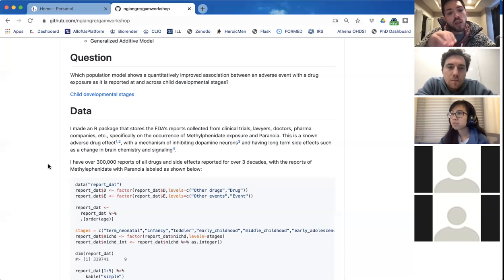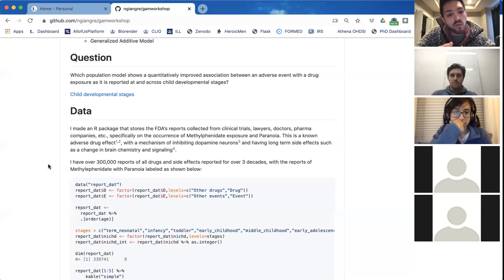For this, I'm looking at the occurrence of methylphenidate exposure, which is a stimulant often used in treating ADHD and other learning disorders, and paranoia adverse events. These are termed by standard vocabularies.